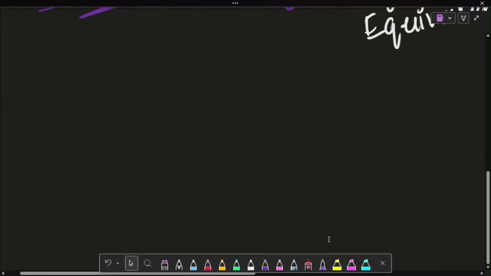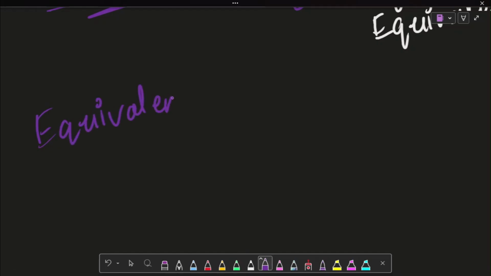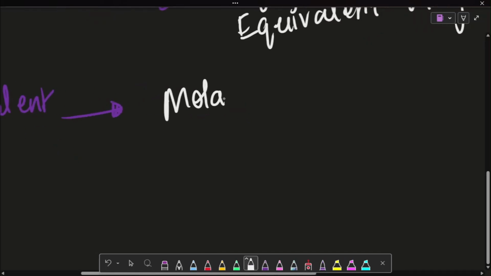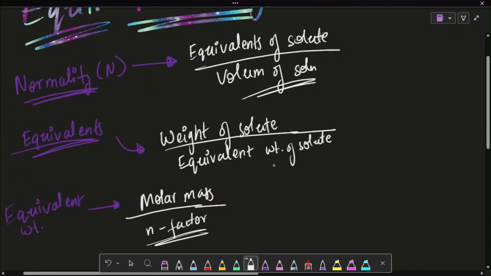Now our last thing, equivalent weight, that's molar mass divided by n factor. We'll be coming to n factor in a bit.